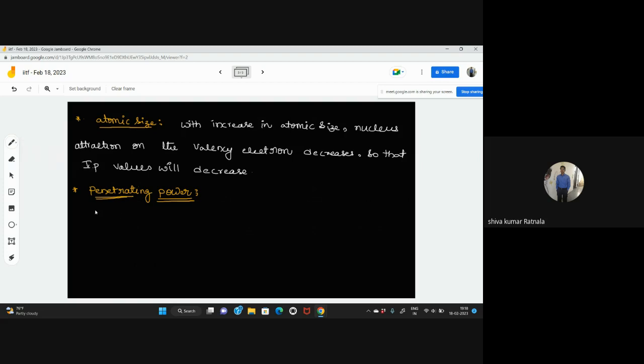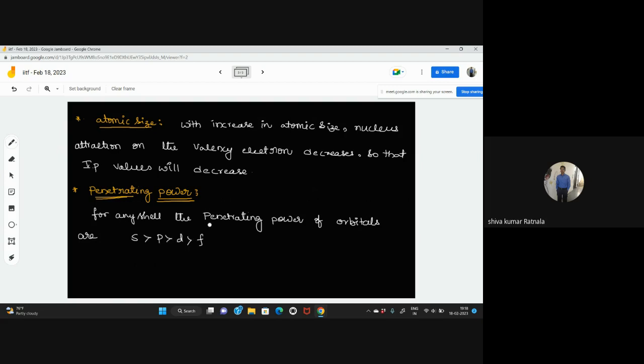Generally, for any shell, the penetrating power of orbitals is s greater than p greater than d greater than f.